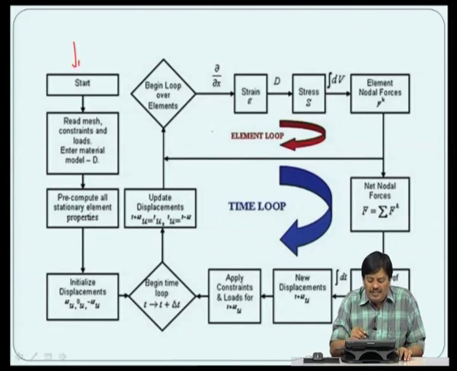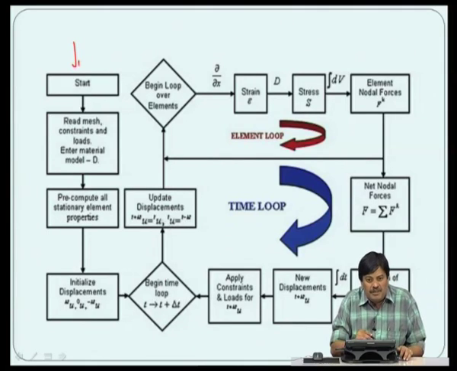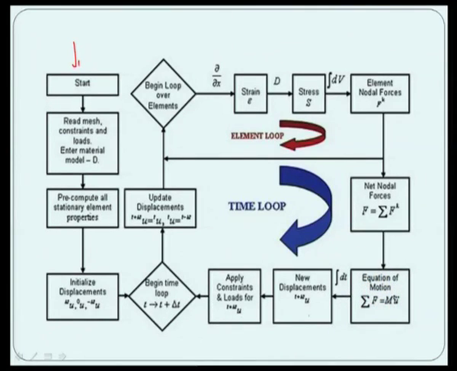After we generate the strain displacement matrix, we generate the stiffness matrix, assemble it, solve for the displacement, find the elemental forces. If we are doing a dynamic problem, we have to set the initial displacement to 0, then we need to begin a time marching scheme, apply the constraint loads, find the new displacement, and this has to be done for each time step.